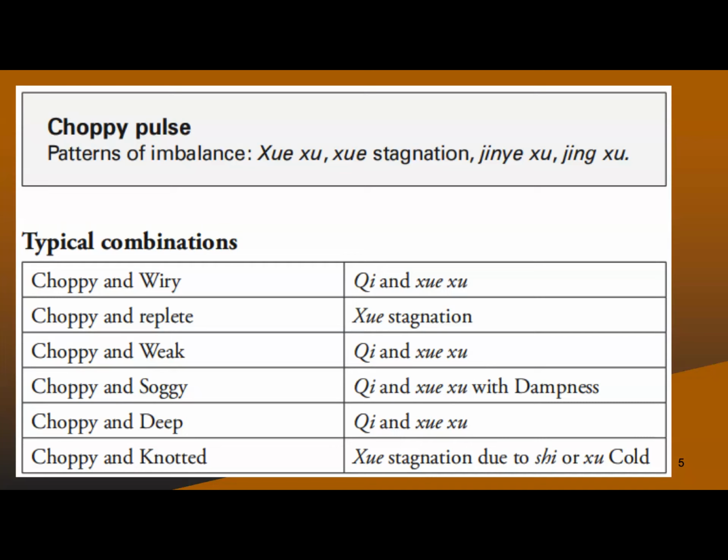Choppy and replete, blood stagnation. Choppy and weak, chi and blood deficiency. Choppy and soggy, chi and blood deficient with dampness. Choppy and deep, chi and blood deficiency. Choppy and knotted, blood stagnation due to excess or deficient cold.